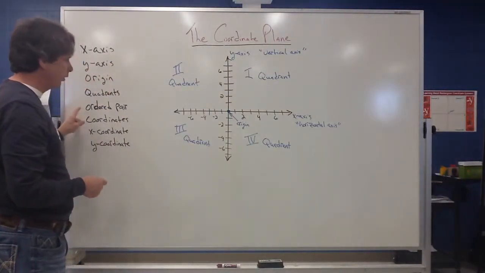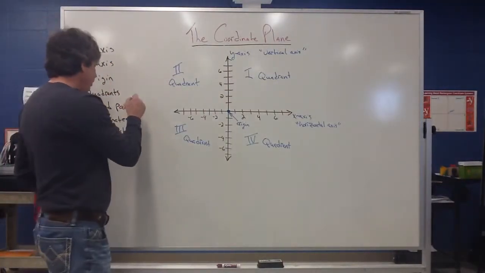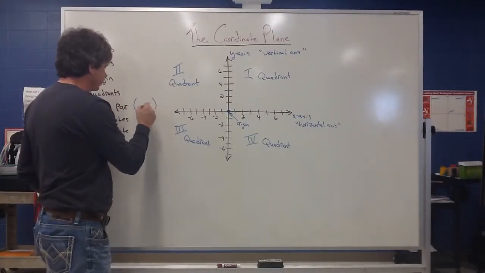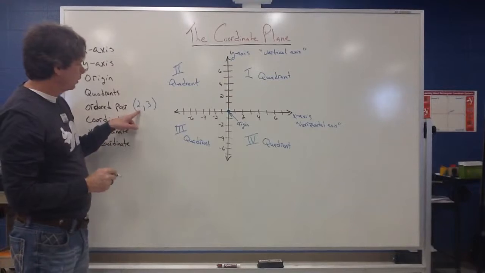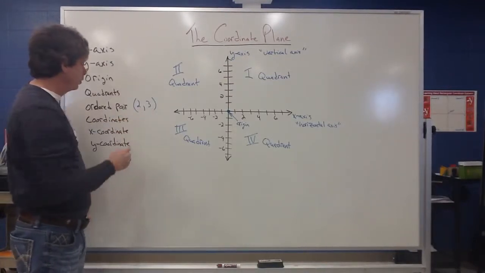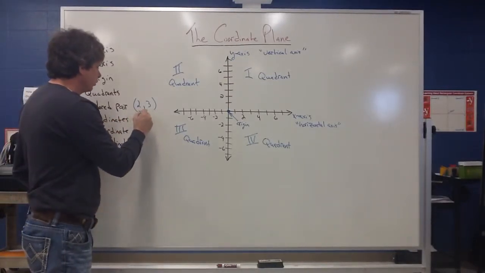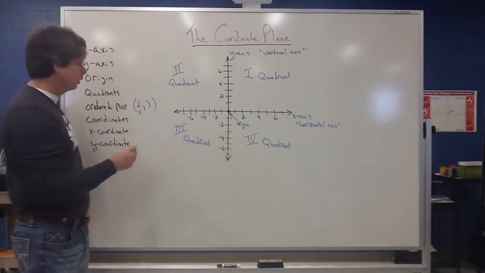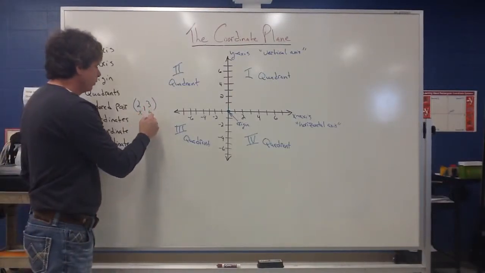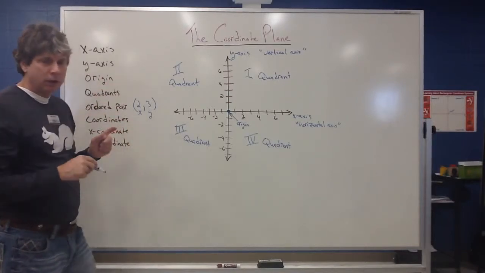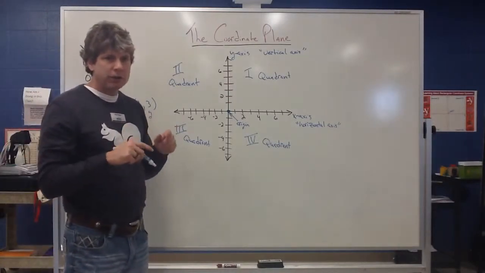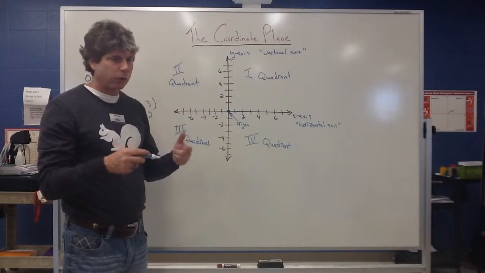Another thing we have is what's called an ordered pair. An ordered pair has this look to it. Like if I put some numbers here, (2, 3), these numbers have a specific order. This first value is considered our x-coordinate. The second value is referred to as our y-coordinate. A lot of times you'll see these parentheses with these two numbers in them. If you see that kind of notation, that represents what we call coordinates or an ordered pair.